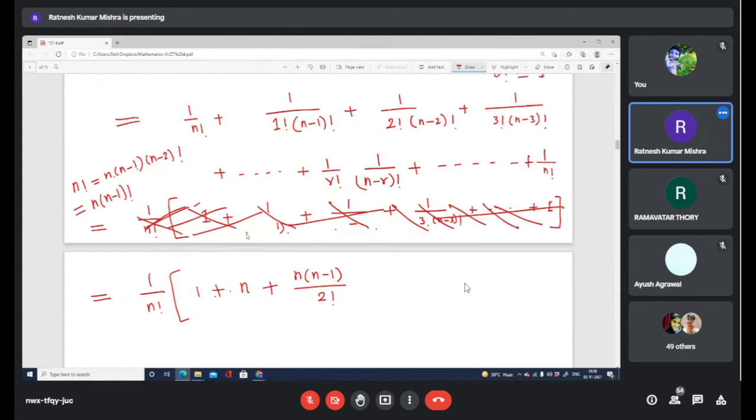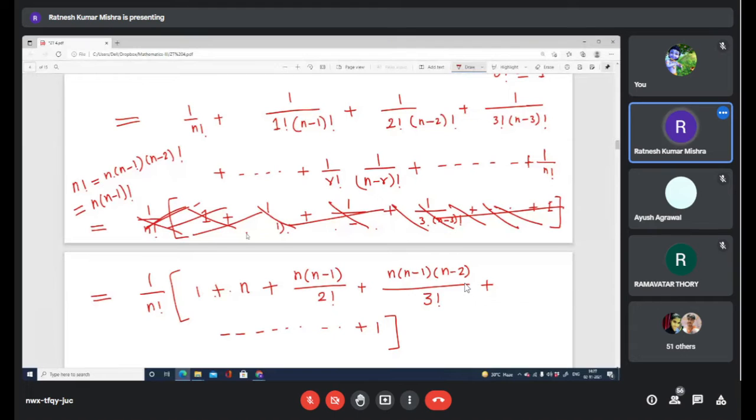Okay, plus in the next one n into (n minus 1) into (n minus 2) into factorial (n minus 3), so factorial (n minus 3) cancels, so in the numerator you will see (n minus 1)(n minus 2) by factorial 3, plus dot plus in the last one.